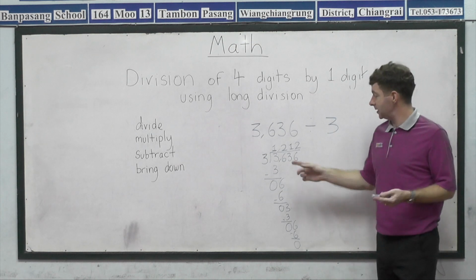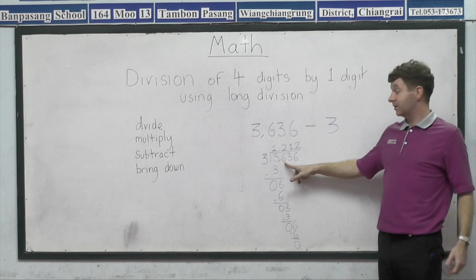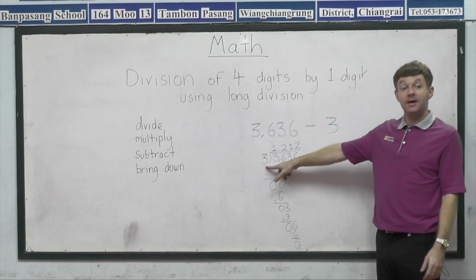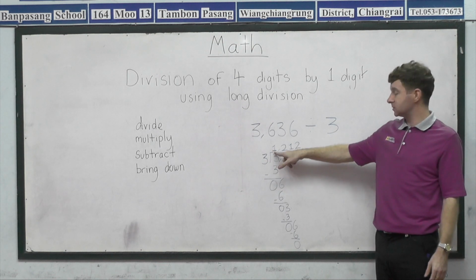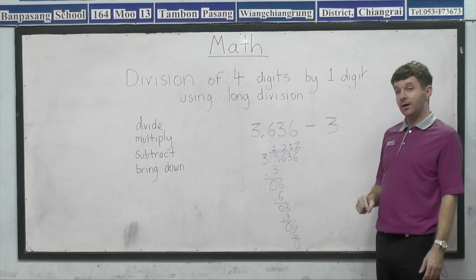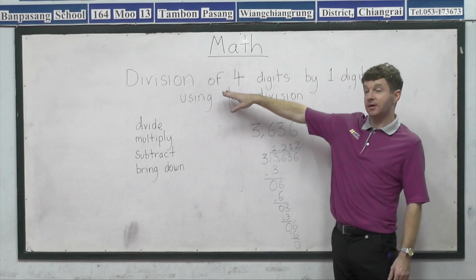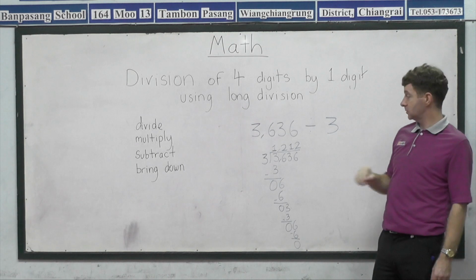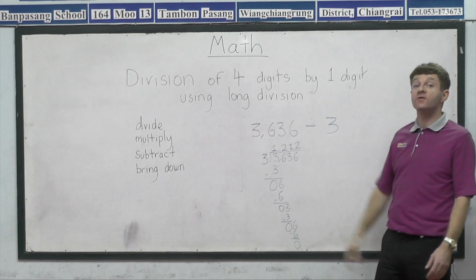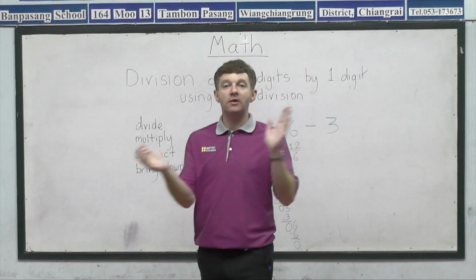So we can say 3,636 divided by 3 equals 1,212. And this is division of 4 digits by 1 digit using long division. Understand, guys? Excellent, well done.